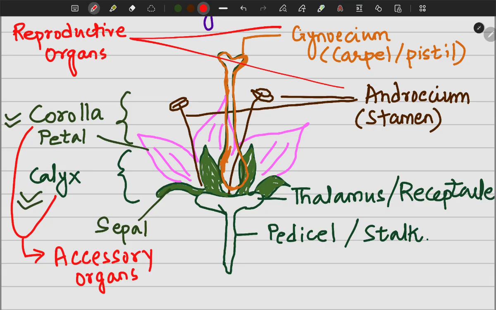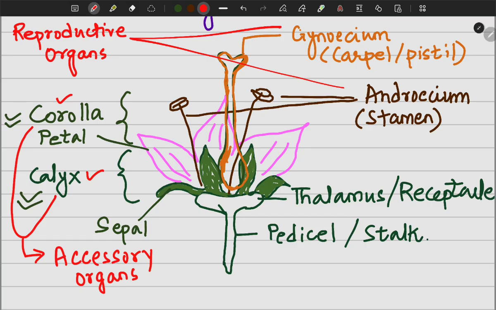Alright, so we covered the 4 whorls found in the flower. Starting from the base, the first outer whorl is the calyx, which is green leaf-like and protects the flower when it is in the form of bud. Then above it we have corolla, which is the brightly colored attractive part of the flower, and it attracts insects for pollination. The calyx and corolla together are called accessory organs.